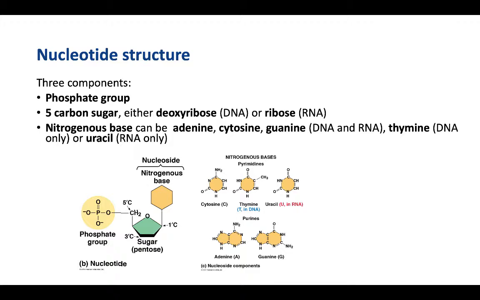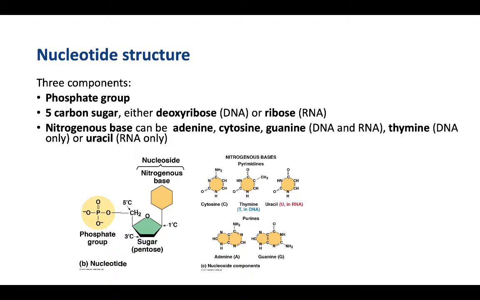Below we have the purines, and that is adenine and guanine. And if you look at the structure, you can see that they actually have 2 rings. So structure-wise, they differ in the types and the number of atoms, but they also differ in having a single ring versus having 2 rings. When we look at the structure of DNA on the next slide, we'll see why that's important.